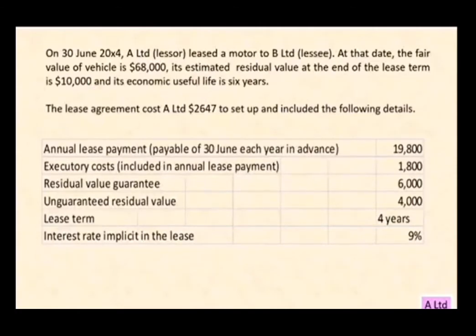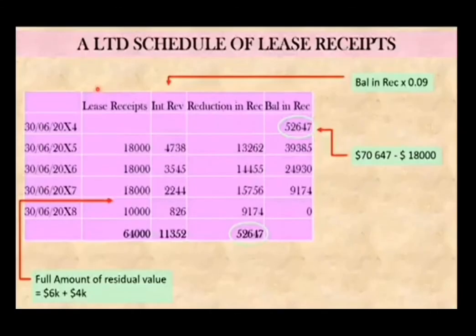So it's 10,000 here and not 18,000. To make sure that we got the correct calculation, this one minus this one has to give the same amount as the balance in receivables. This is to make sure that we get correct calculations.